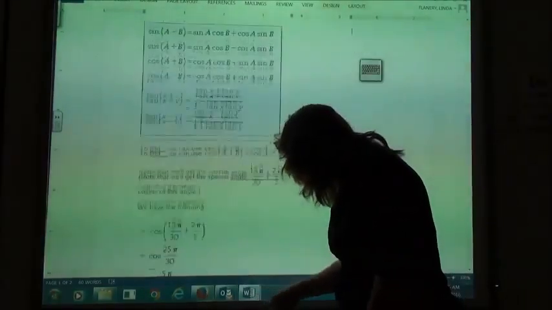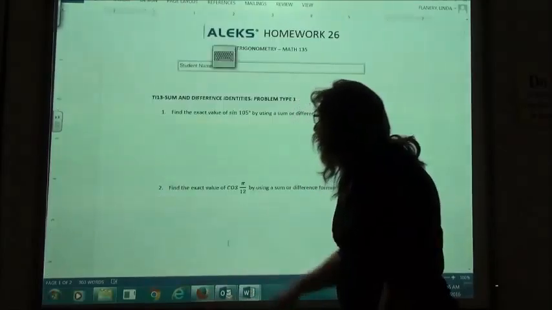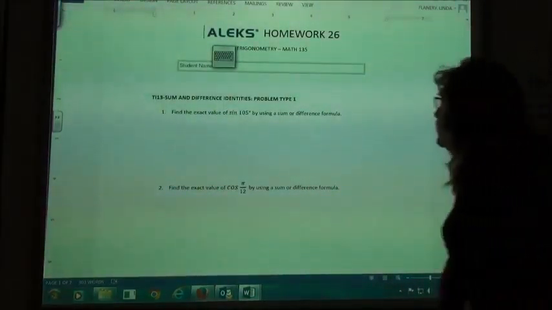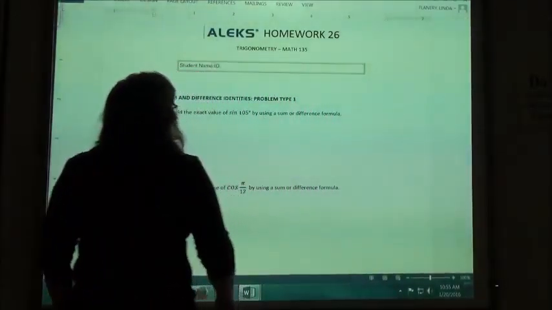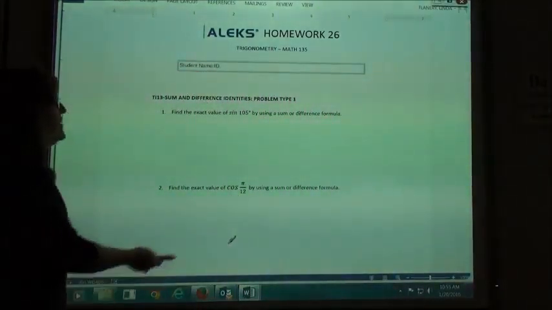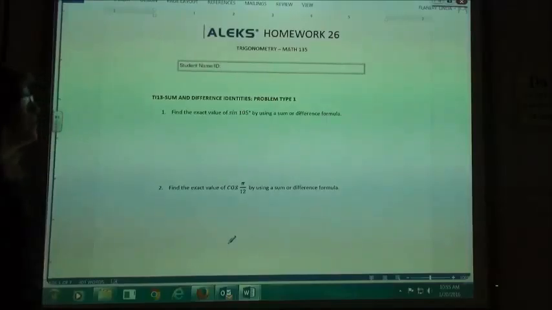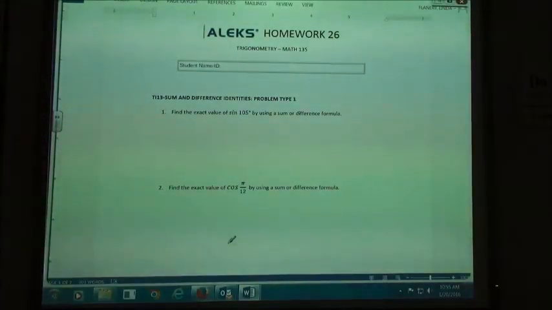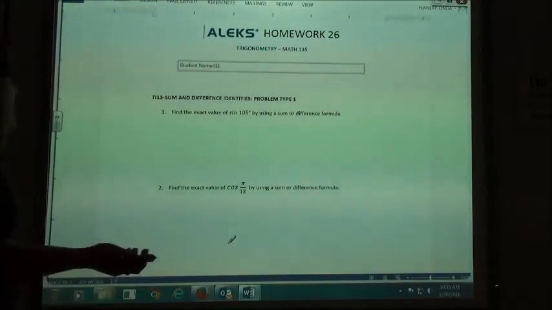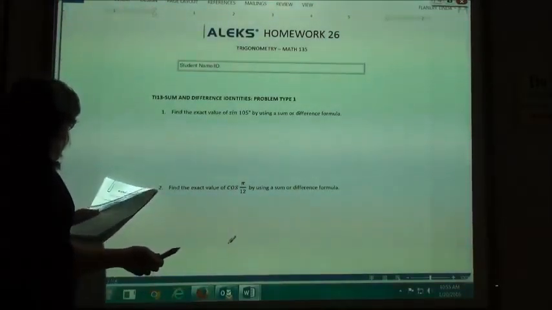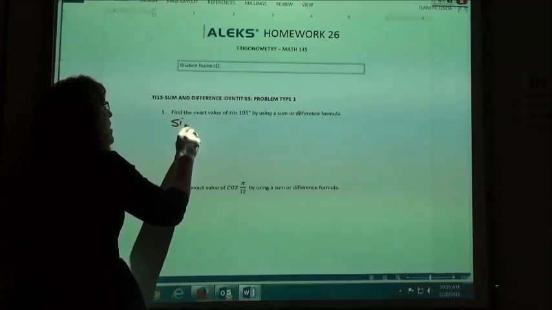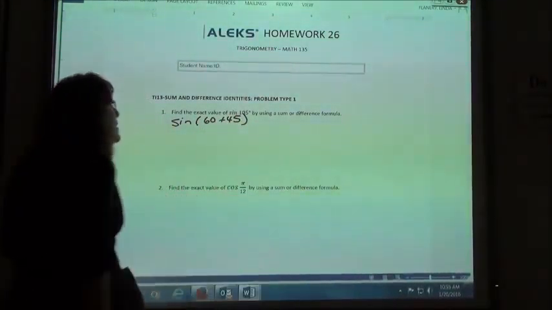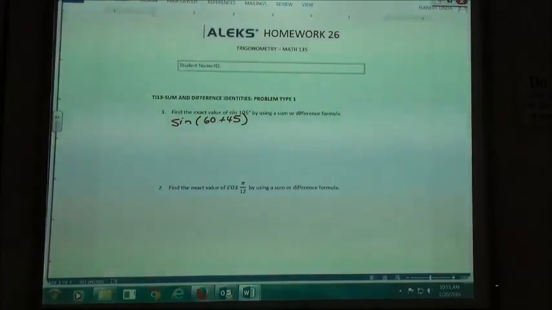So, over back here, I want to do the exact value of the sine of 105. I see that it ends in a 5, so I would probably subtract the 45 off of there first to see if 105 minus 45 is anything that's nice. And it happens to be 60. So I'm going to separate this into the sine of 60 plus 45, or 45 plus 60, whichever order you want to put that in.